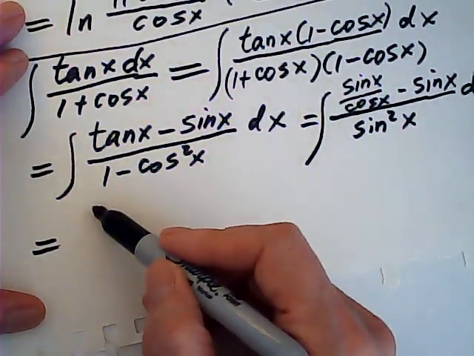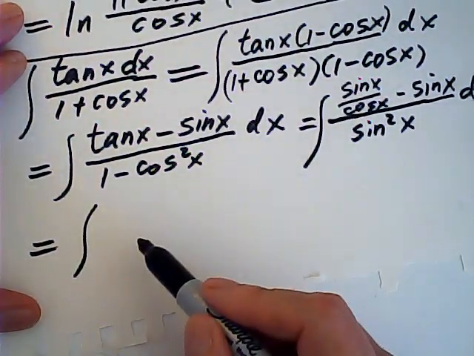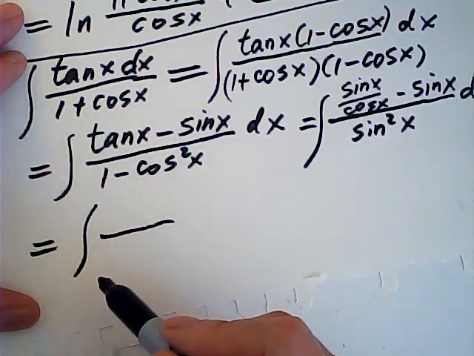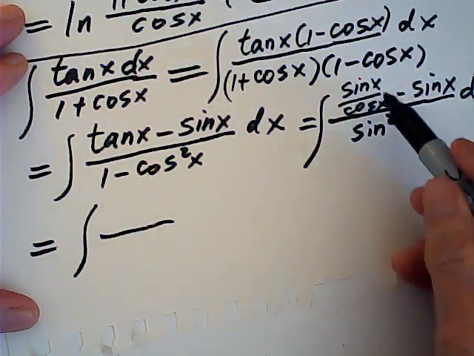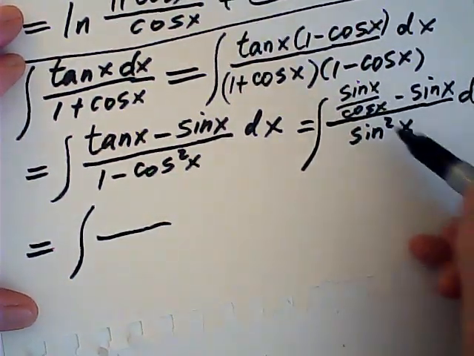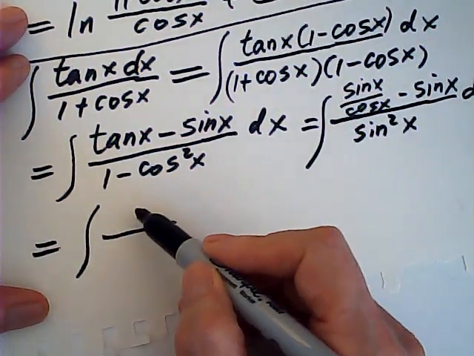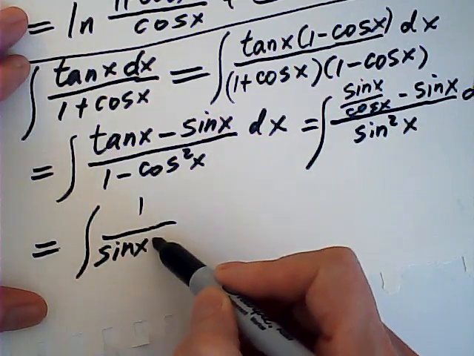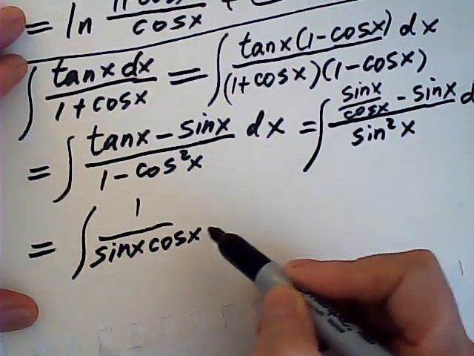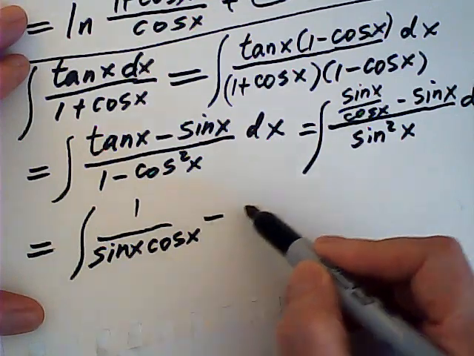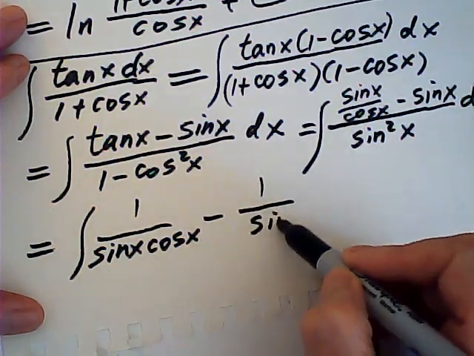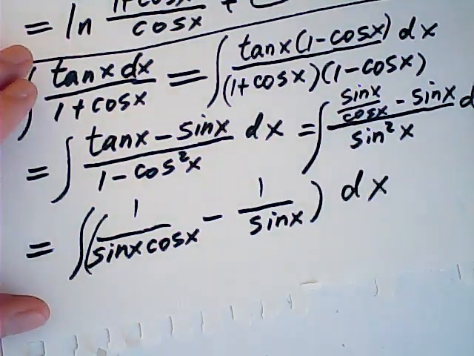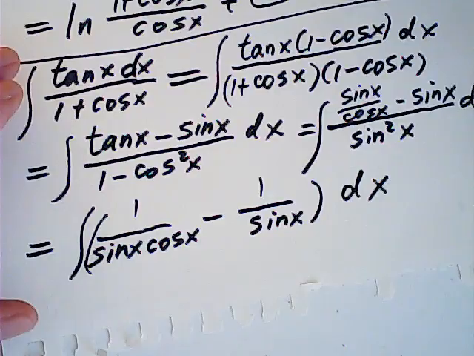The first integral, the sine cancels out, so it's equal to 1 over sine x cosine x, minus 1 over sine. Okay, good.